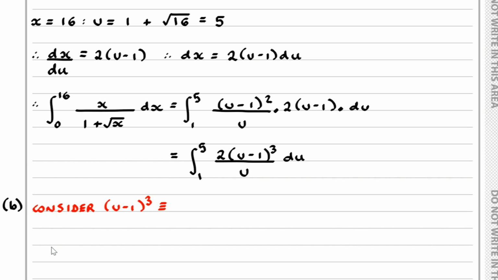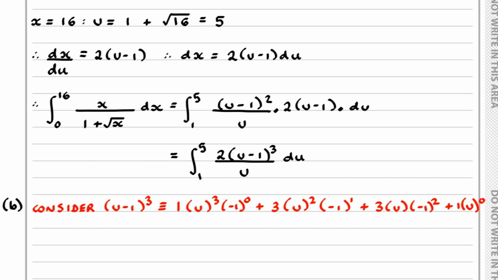If we expand this using the binomial expansion, we've got 1 lots of u to the power of 3 times minus 1 to the 0, plus 3 lots of u squared times minus 1 to the 1, plus 3 lots of u times minus 1 squared, plus 1 lots of u to the 0 lots of minus 1 cubed.